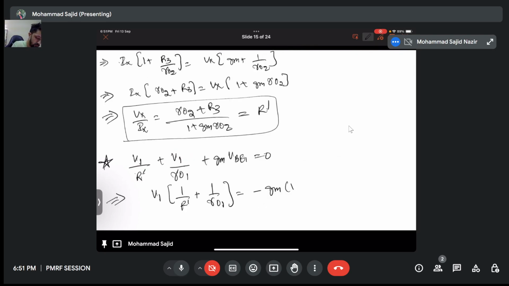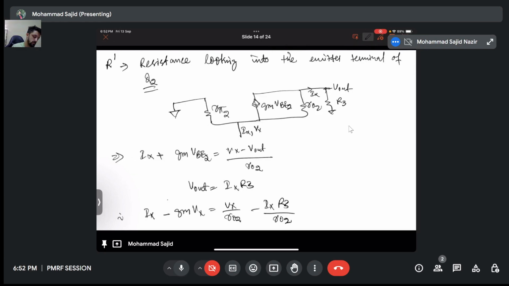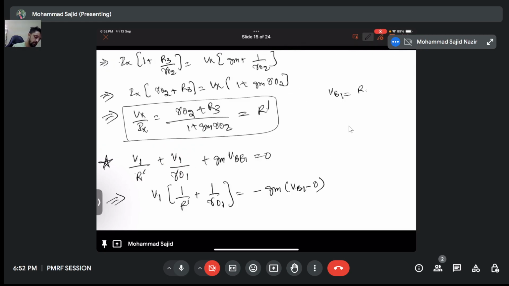We have VB1 minus VE1, which is 0, and we know VB1 will be R1 parallel R by 1 divided by R1 parallel R by 1 plus Rs, multiplied by V in. Let's call it alpha times V in.